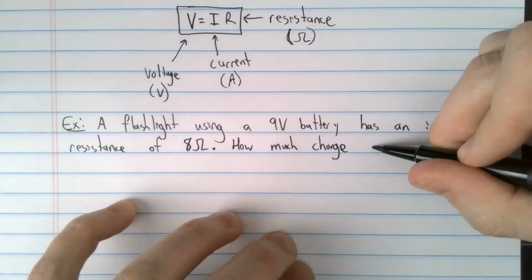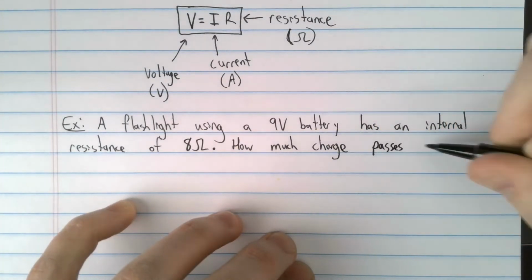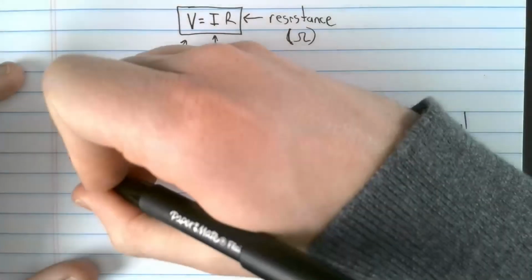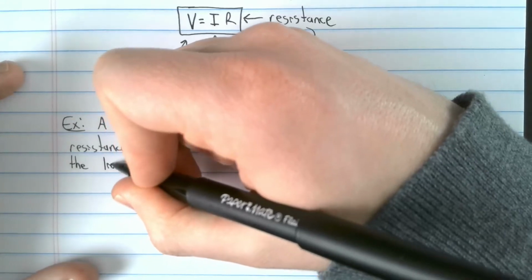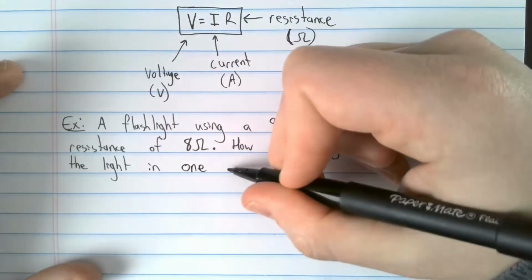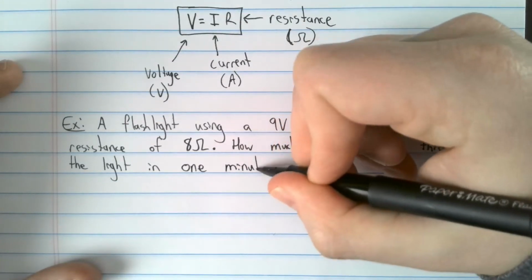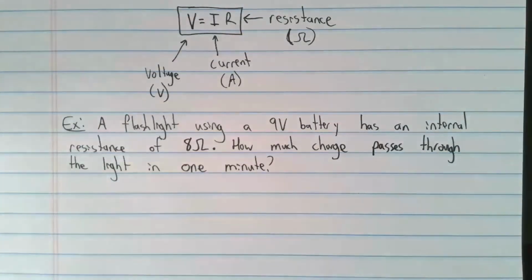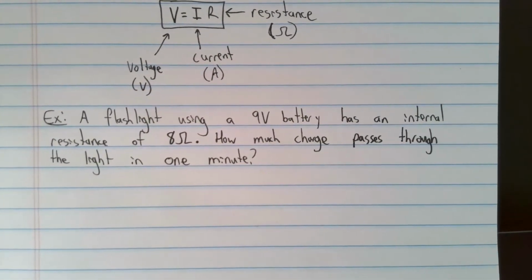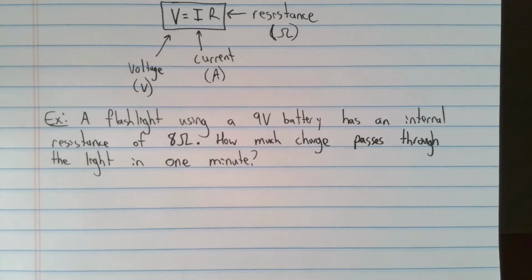How much charge passes through the light in 1 minute?